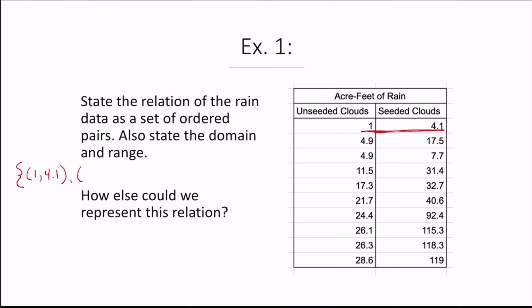And then our second pair. The unseeded cloud is 4.9 acre-feet, and the seeded cloud is 17.5 acre-feet. And then the third one is 4.9 and 7.7.